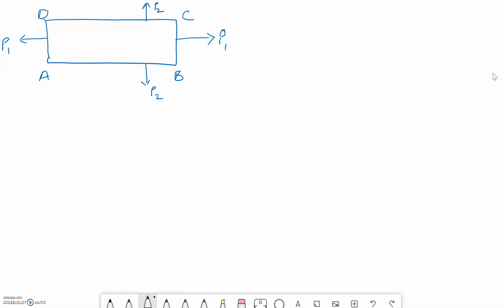We need two mutually perpendicular loads to create two mutually perpendicular stresses. So let us assume that the stress created by P1 is sigma 1, and the stress created by P2 is sigma 2.